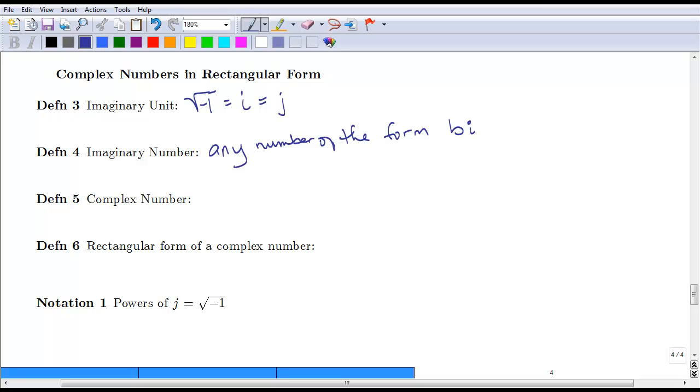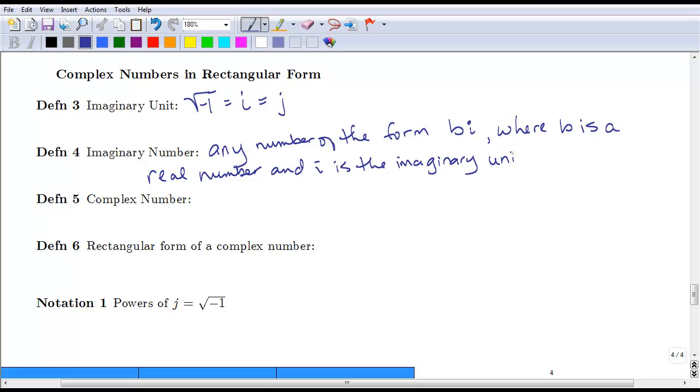It's just a real number, where b is a real number and i is the imaginary unit. So some examples would be 3i, -2i, -i. Those would all be examples of imaginary numbers.